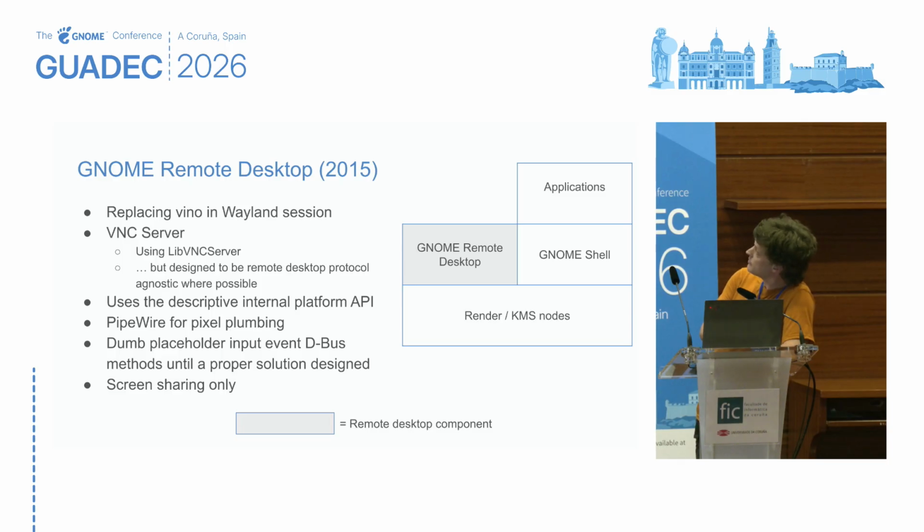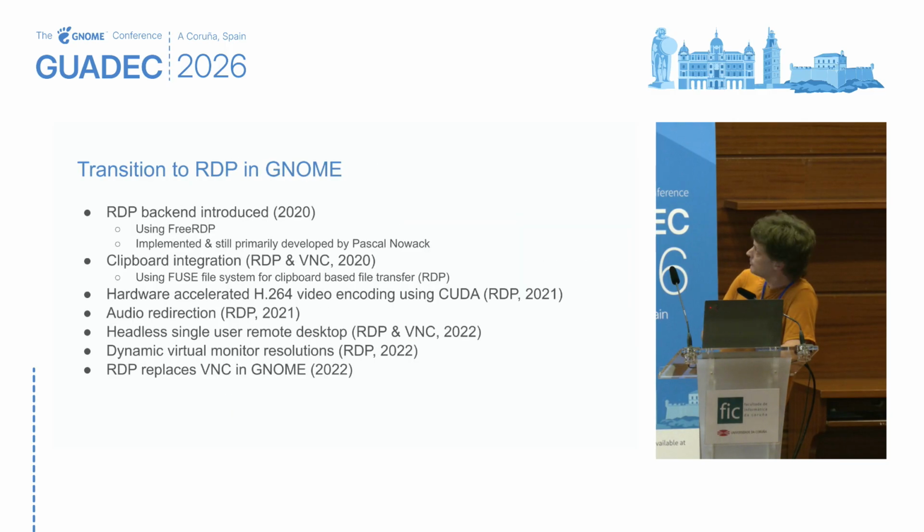You can see where in the stack it sits. It sits a bit above the render nodes, but it sits kind of beside GNOME Shell, even though it's using the API from it. Then the focus was turned somewhat to finishing the rest of the Wayland parts of the GNOME session. So it didn't see much progress in a few years, but then suddenly Pascal Nowack showed up with a lot of enthusiasm for implementing support for the RDP protocol.